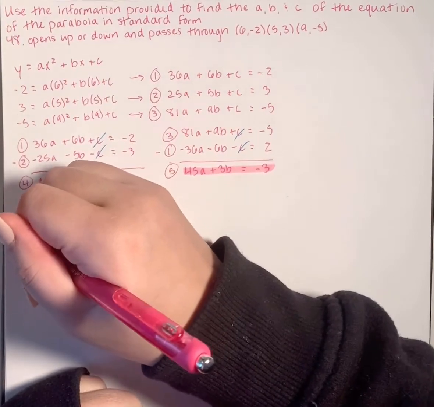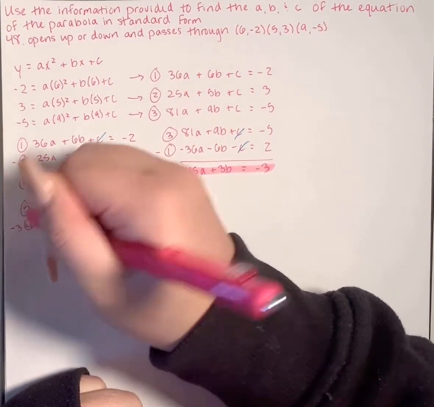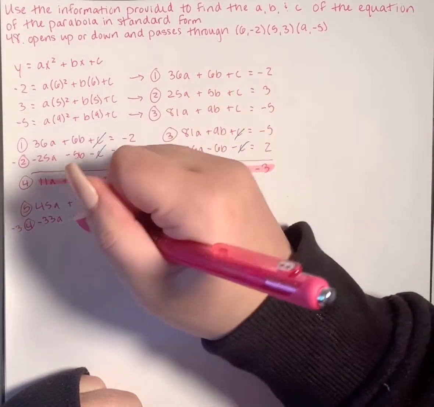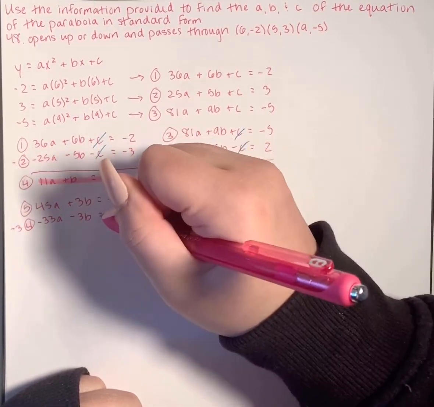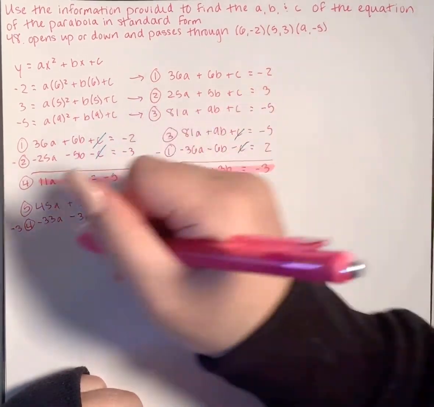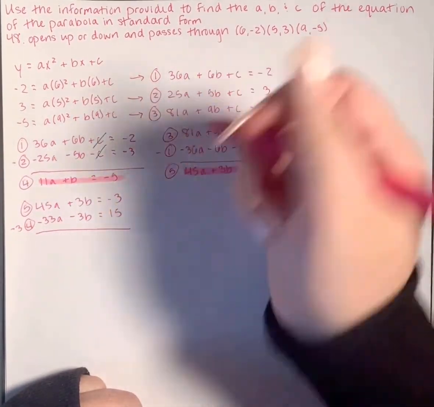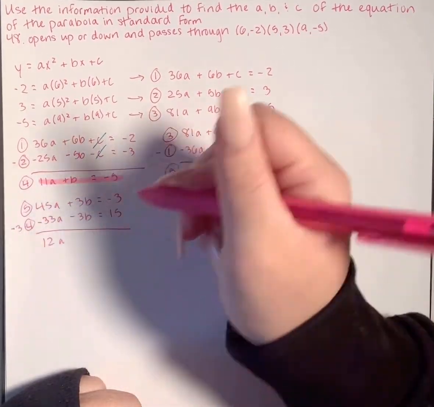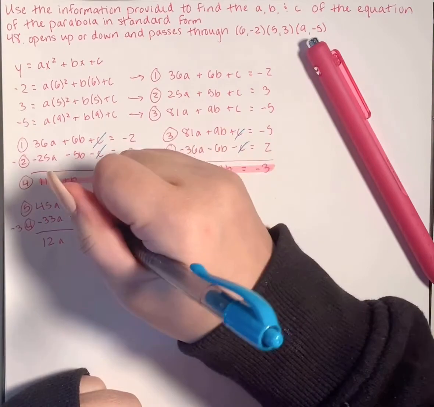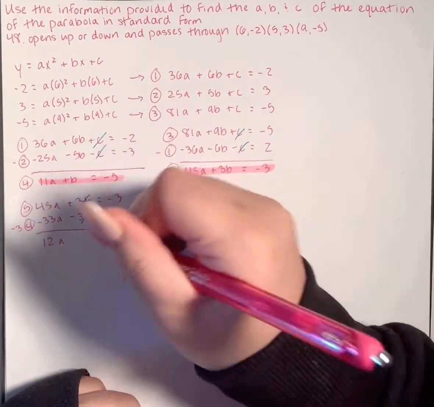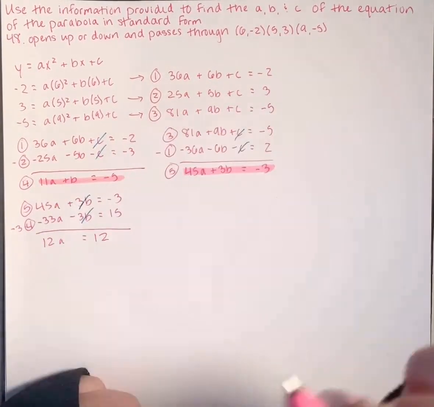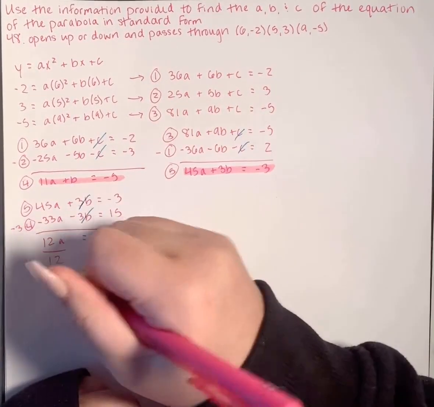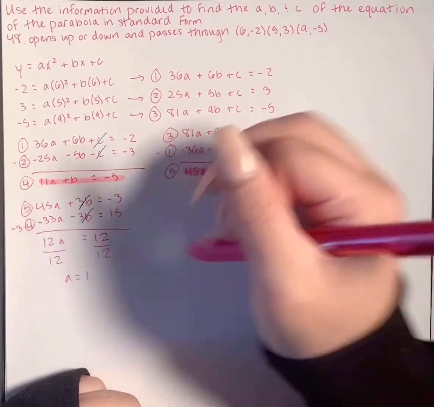So -3 times equation number 4, we're going to get -33a minus 3b equals 15. And then we're going to subtract, and for this one we get 12a, again our b's cancel out, equals 12. And now we're just going to solve for a. So divide both sides by 12, and a equals 1.